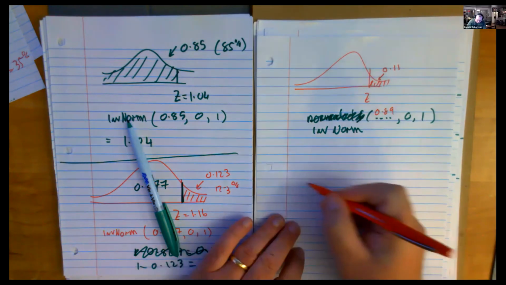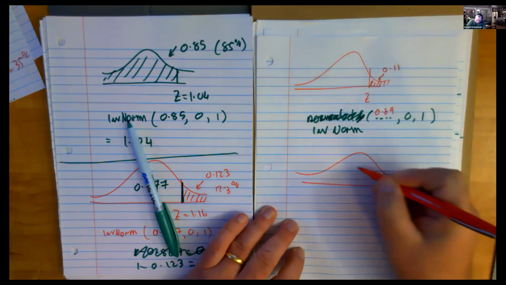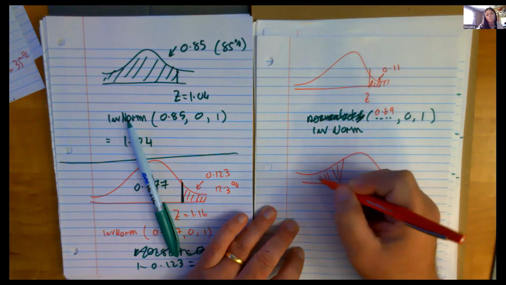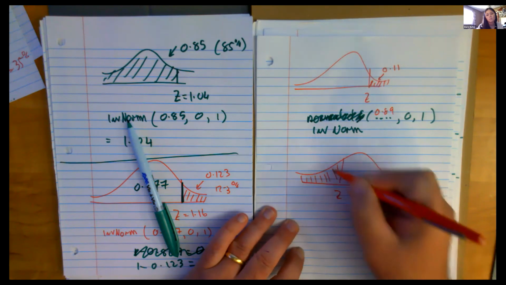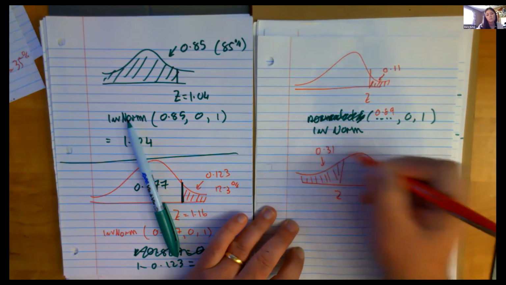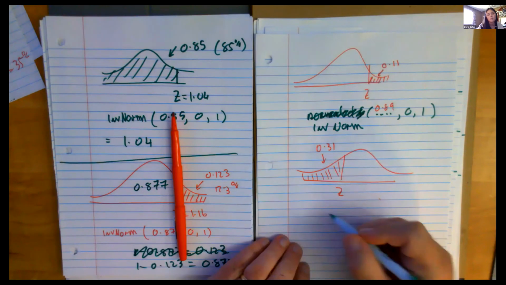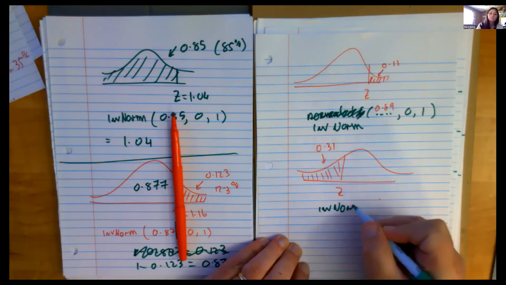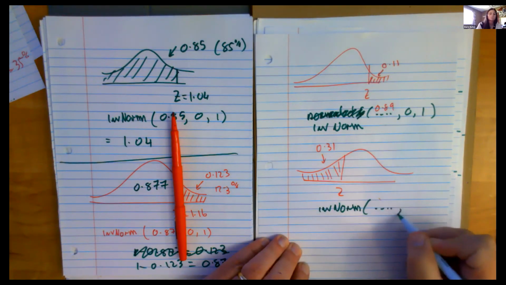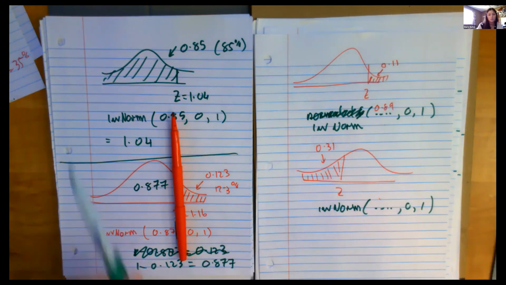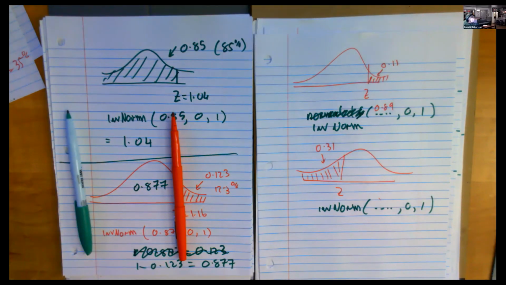Right, suppose it was this question. What do I use? 0.69.